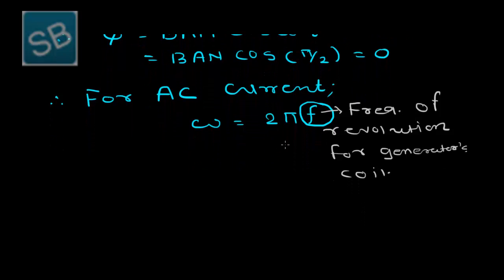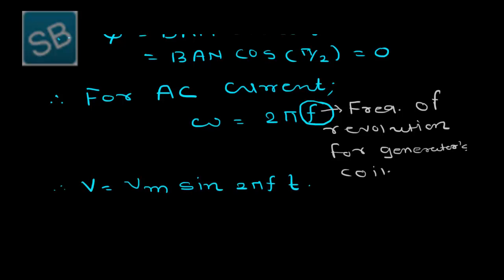And now I am substituting this value of omega into the equation. Therefore, V, or this induced EMF, is Vm sin 2 pi f t. So this is the final equation, and let us see some applications of AC generator.